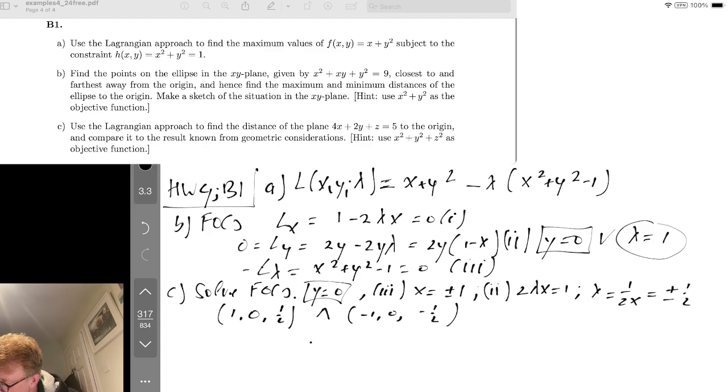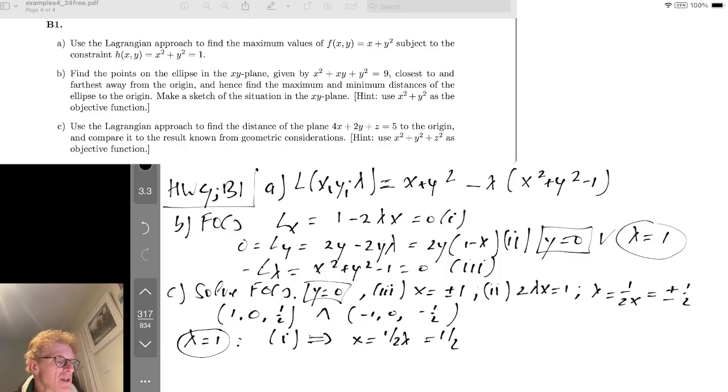So now we need to do the case lambda is 1. So it's 2 stationary points for one case, so lambda is 1. Well, then from 1, 2 is satisfied, so from 1 we get x is 1 over 2 lambda is half. And how do we get y?